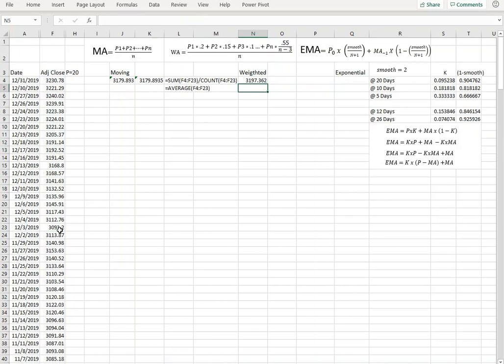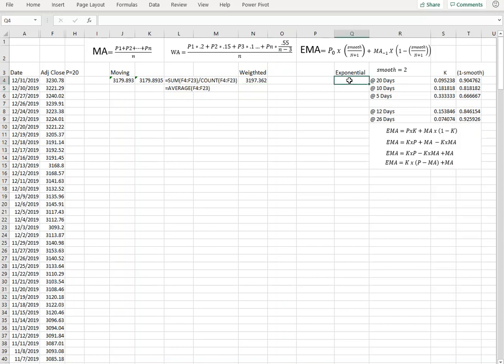And so you can see this weighting, what it's done is it's placed more emphasis on these last, or the more recent 3 days rather than the older data. Hence our weighting, we move from a moving average of 3179 towards 3197, so significantly higher.